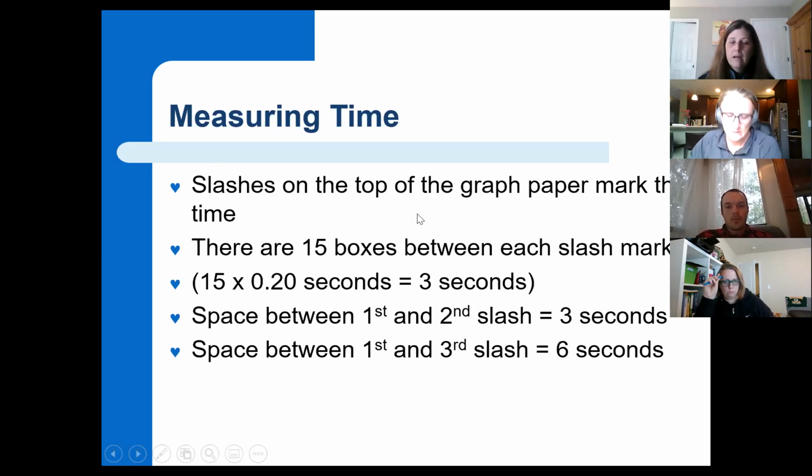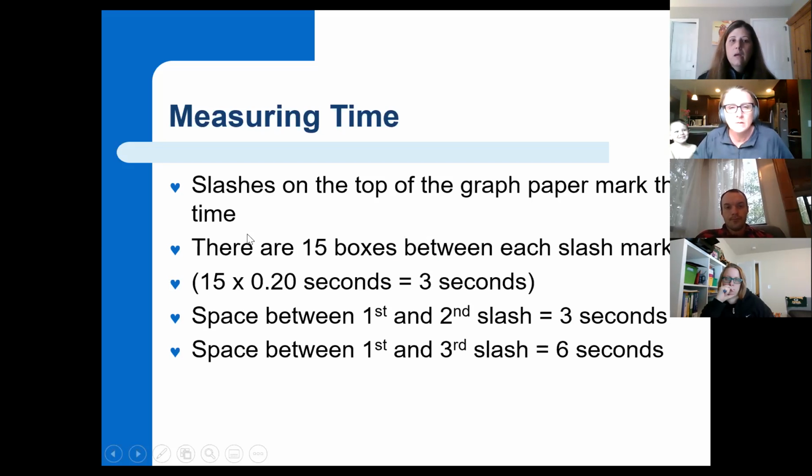And from that slash mark to the next is another 3 seconds. So that will give you a 6-second strip. Now, keep in mind, if someone loads the paper into the printer for the EKG monitor upside down, your slash marks might be at the bottom. It's still the correct measurement. It's just not where they're supposed to be. You still can measure off of that.